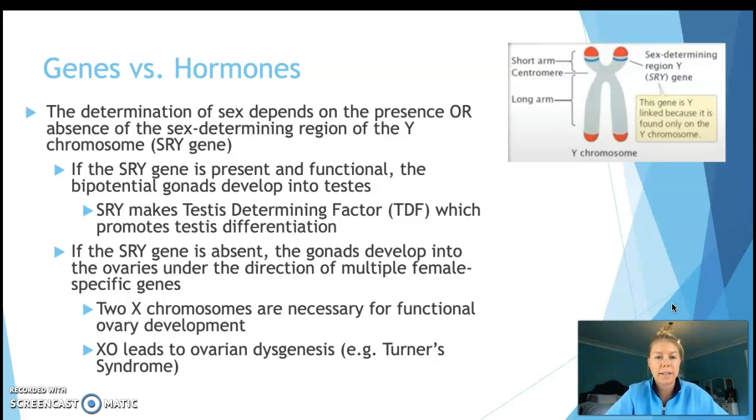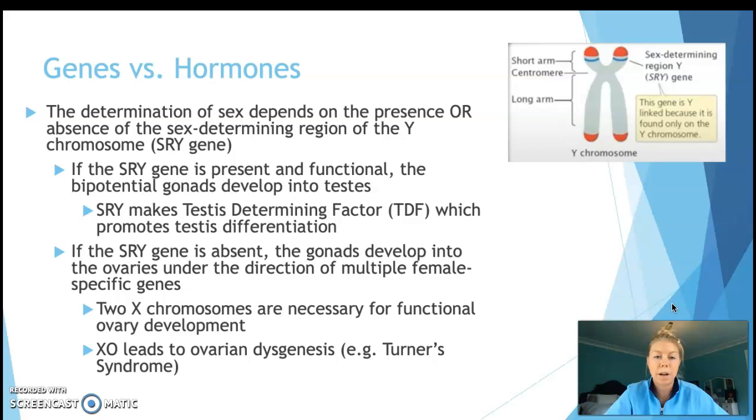SRY makes testes-determining factor, also known as TDF, which promotes testes differentiation. If that gene, however, is absent, like in females who do not have a Y chromosome, the gonads will develop into the ovaries under the direction of multiple female-specific genes.